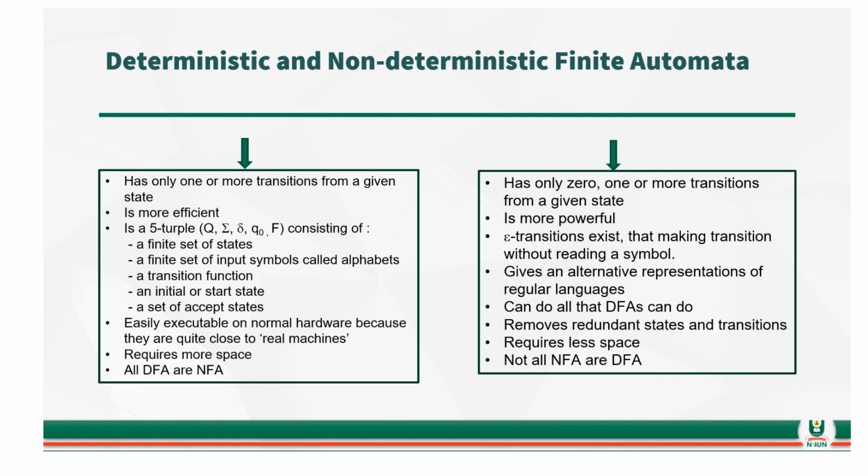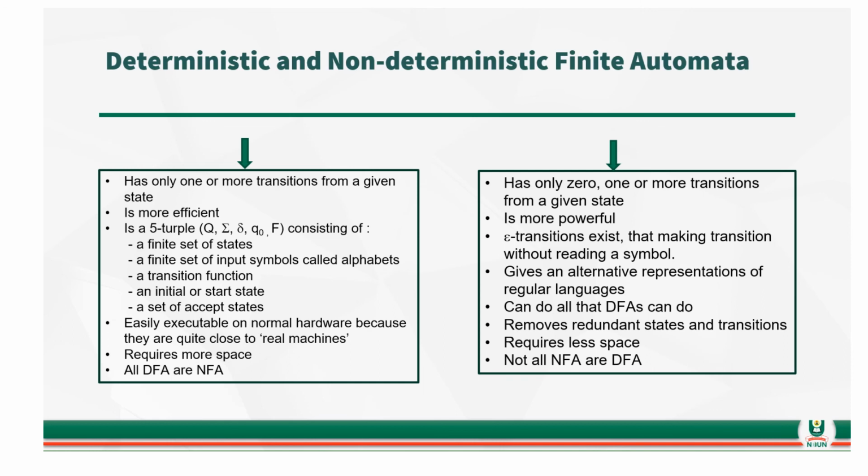And then we can see that NFAs are more powerful. They consist of epsilon transitions, which make a transition without reading a symbol. That means you can read a blank and return no input or no alphabet. We see that NFAs can give an alternative representation of regular languages.